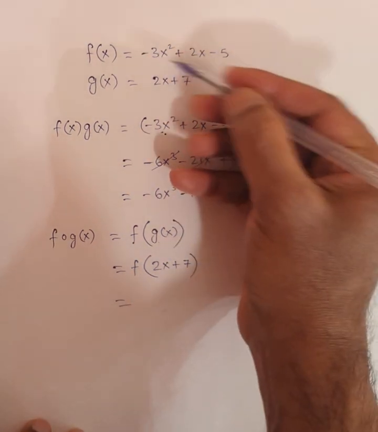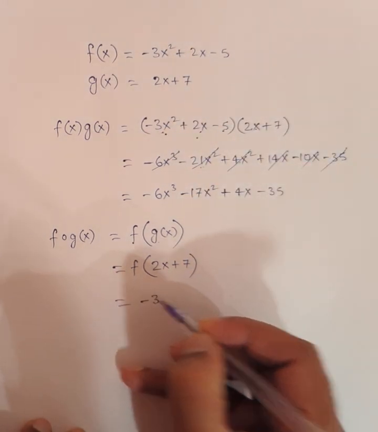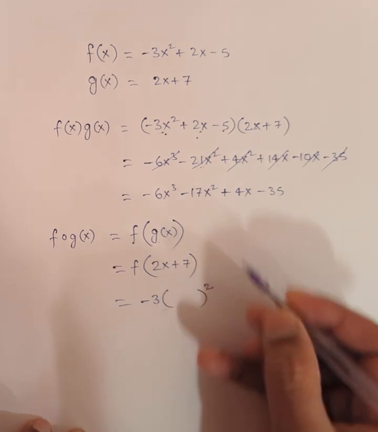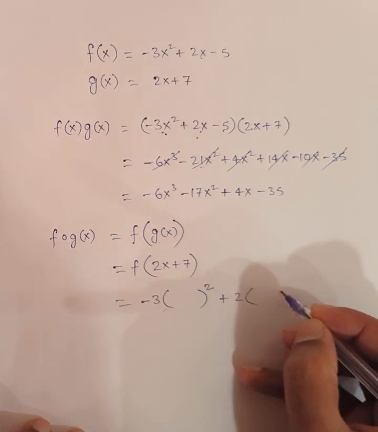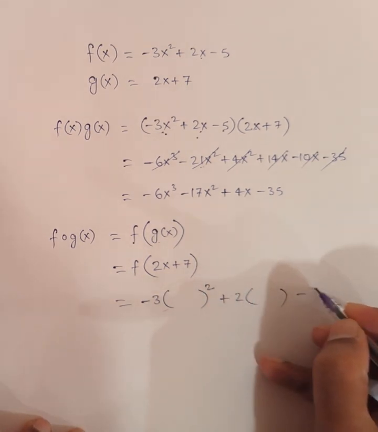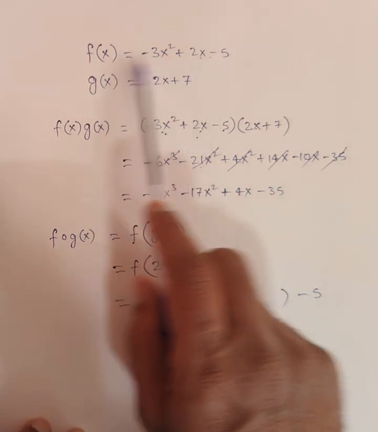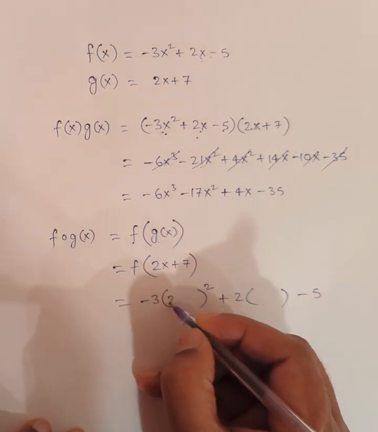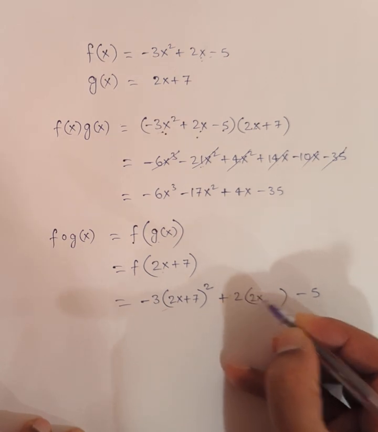So I'm going to copy that formula except for the x part, which I'm going to leave parentheses for, and then plus 2 times, again parentheses, minus 5. So this is the structure for the function f of x. Now I have to evaluate not at x but at 2x plus 7. So that's what goes in the parentheses.